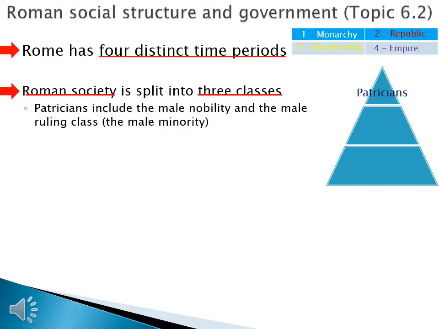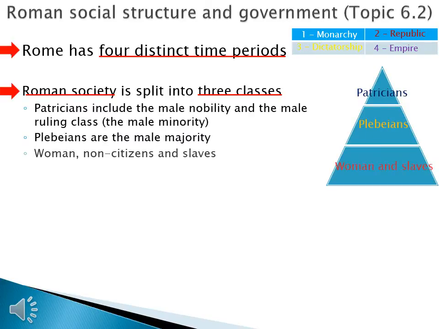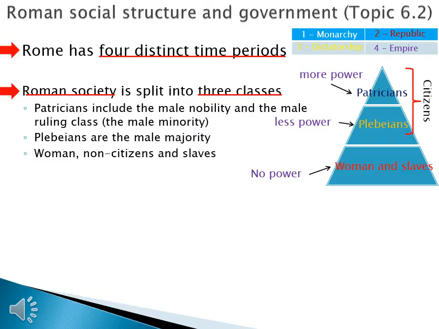They are the male minority. Plebeians are the male majority, and then we have women, non-citizens, and slaves. But here's the thing, both patricians and plebeians are citizens. So, patricians have more power, plebeians have less power, and women and slaves have no power.